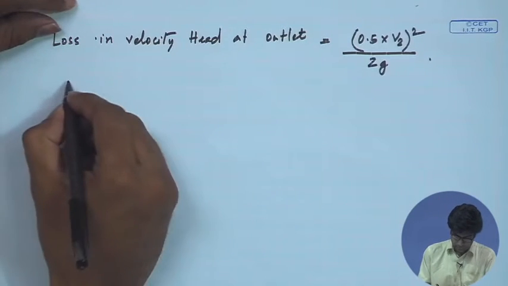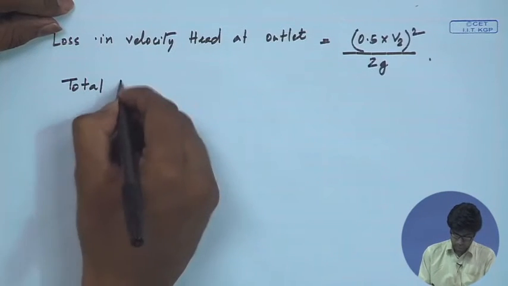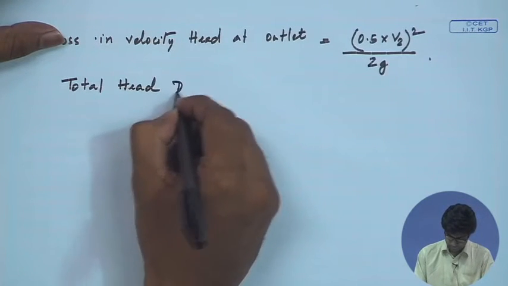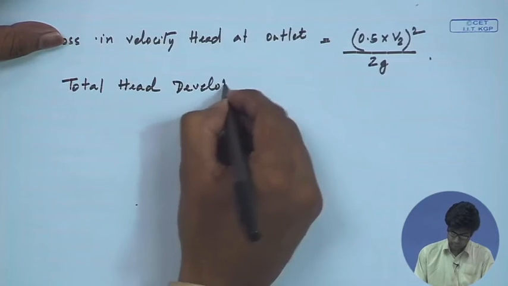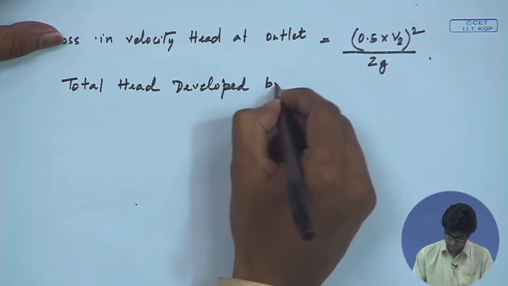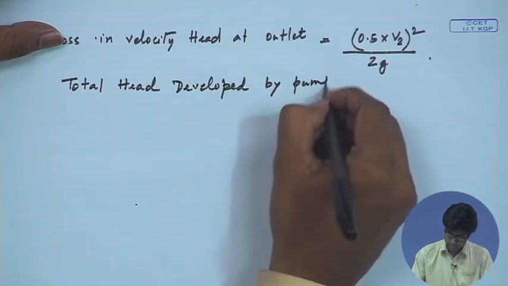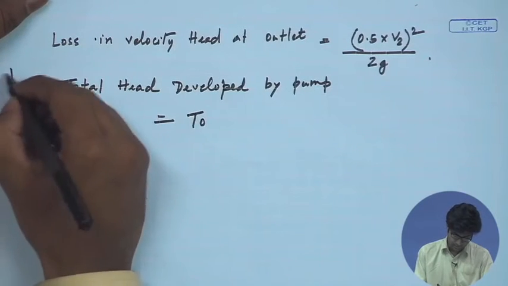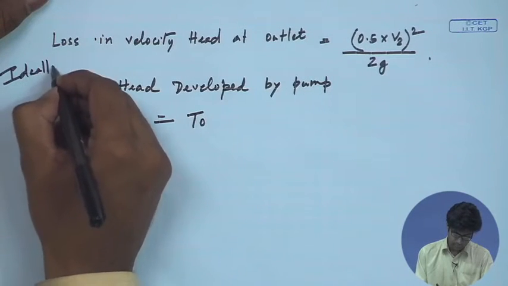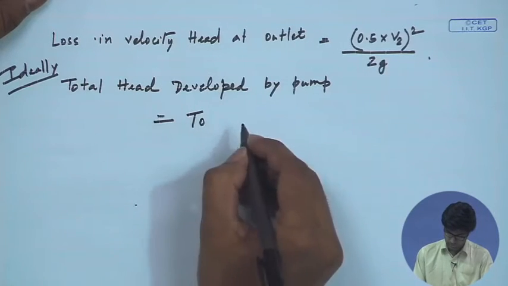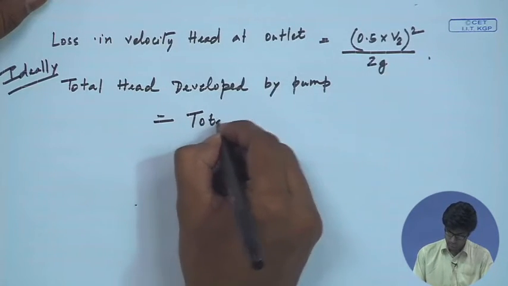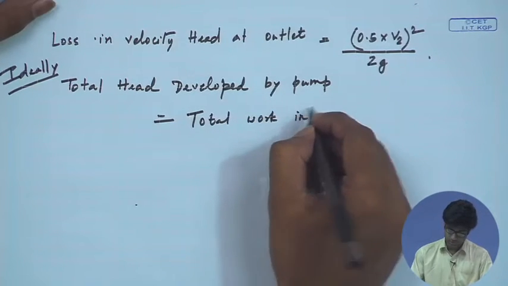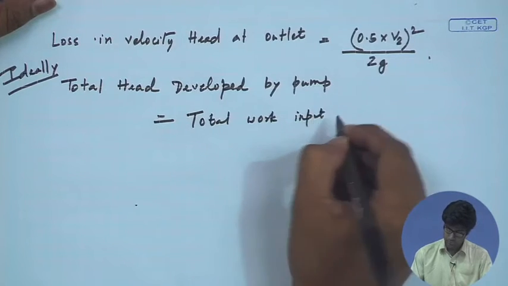Now, we can write that the total head developed by the pump is equal to the total work input. That is, in the ideal case, we can write that the total head developed by the pump is equal to the total work input given, or total work input per unit weight of water.